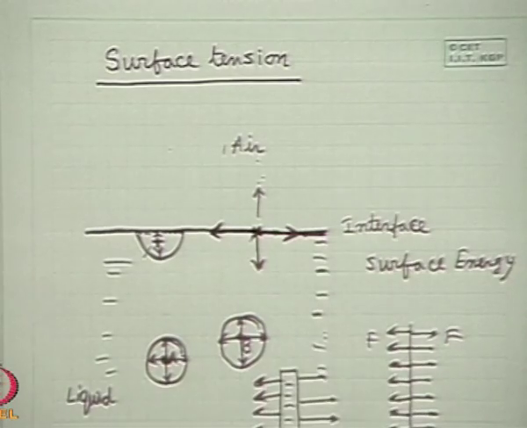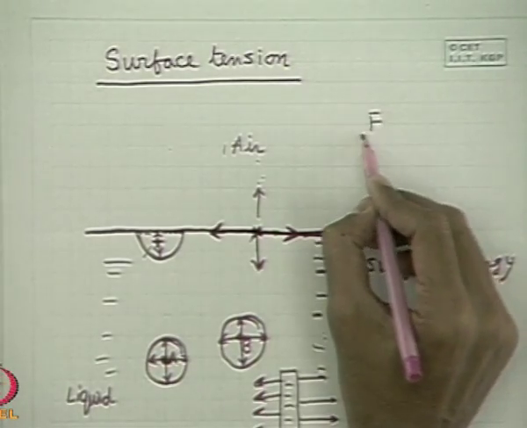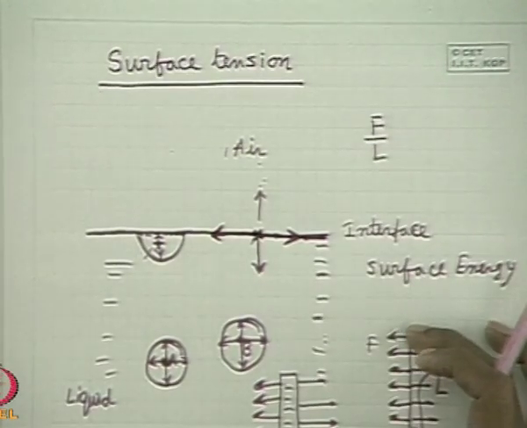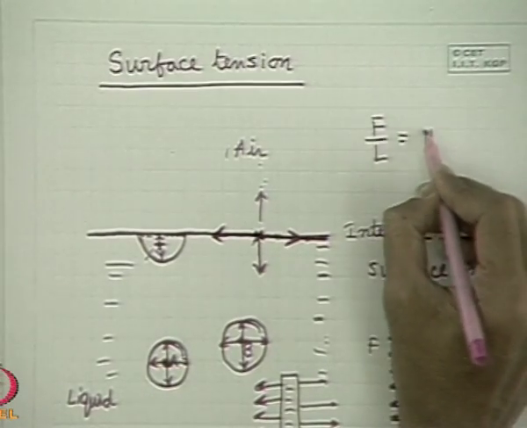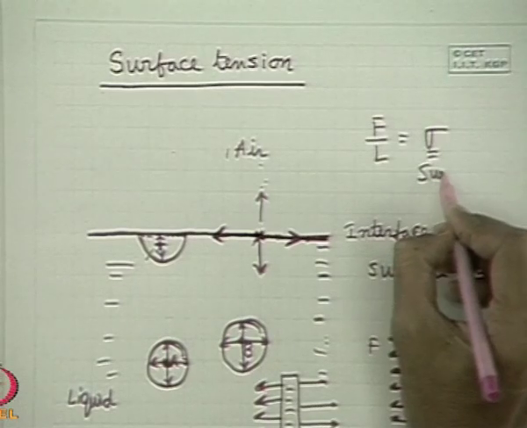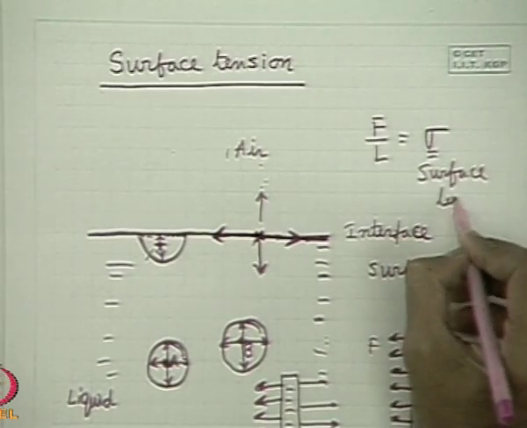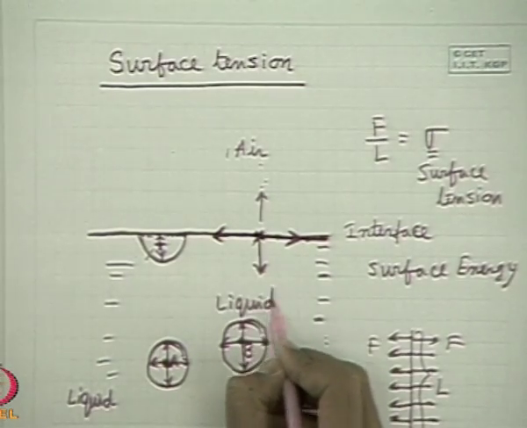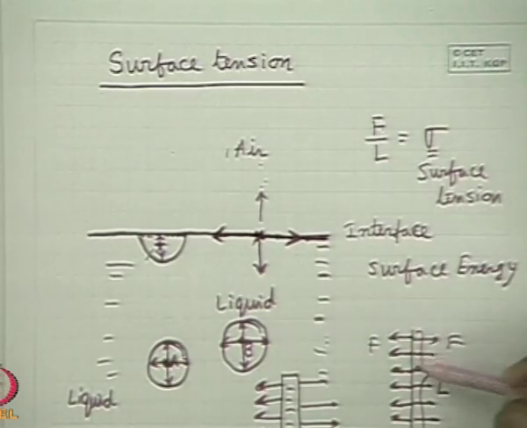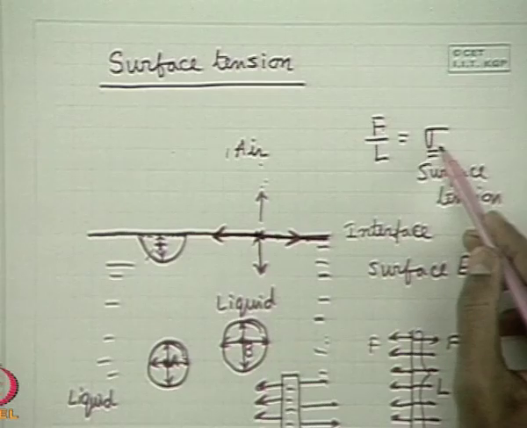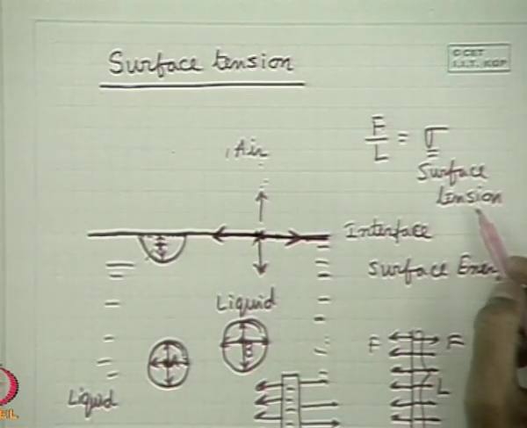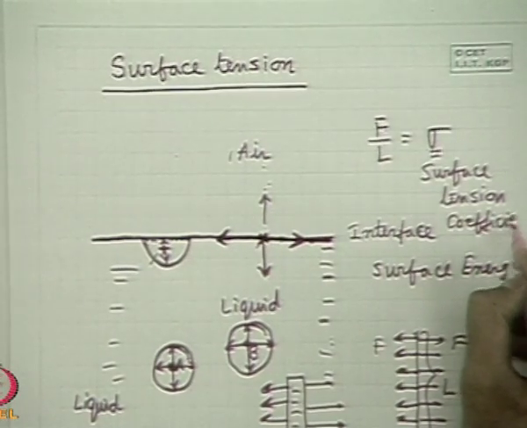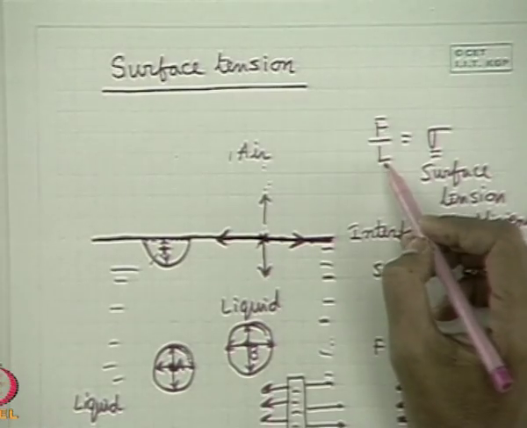The surface tension is defined as this force divided by the length L of such a short linear element, per unit length. It is denoted by sigma, and this is known as surface tension. It is a constant for a given liquid, for example a given liquid in contact with air. So this force per unit length of the linear element is defined as the surface tension or surface tension coefficient, and its unit is simply the unit of force per length.